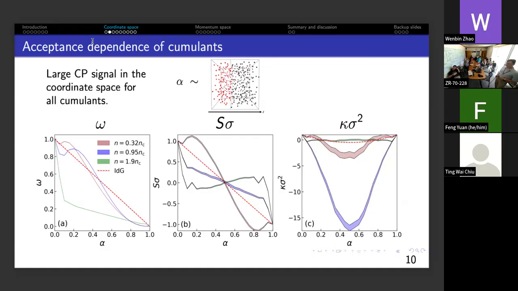This value is clearly not Gaussian, because this red line is the ideal gas line, which means no interaction, which means the binomial distribution. Although this large deviation is a clear signal, it's still far away from the thermodynamic limit.